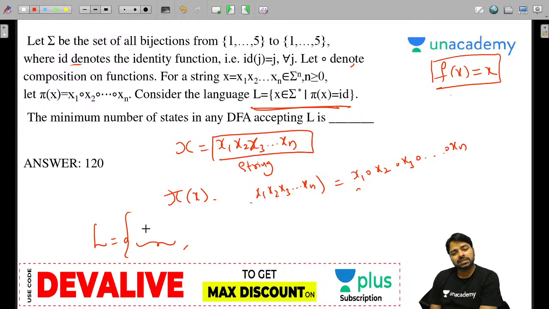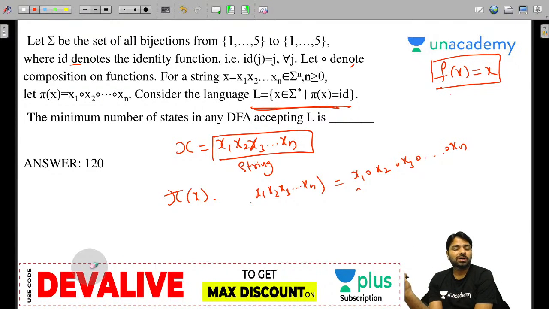For example, I'm assuming F1, F2, you have 120. So it looks lengthy, right? So I have a technique to understand this problem. To understand what L is, I'm not going to keep x, it's x dash, x double dash.